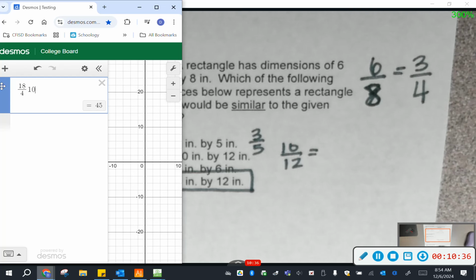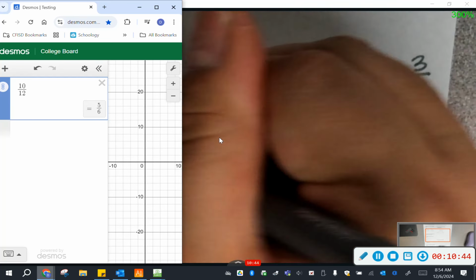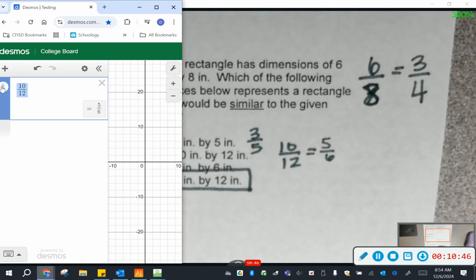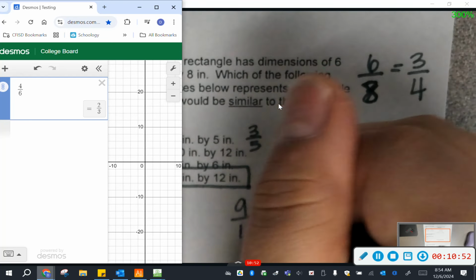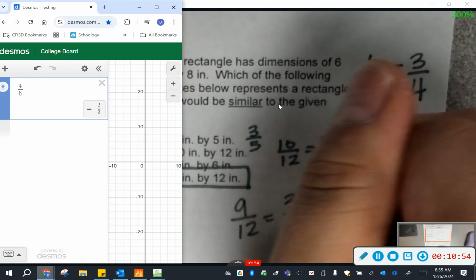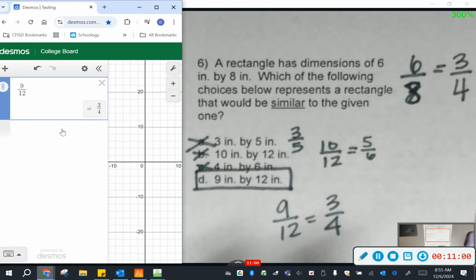Whoa, 10 over 12, is that 3 over 4? No, it's 5 over 6. Then you can do 4 over 6. Is that 3 over 4? No, that's 2/3. So 9 over 12 is the same. Okay, so just divide them.